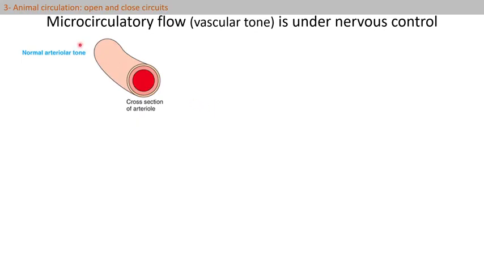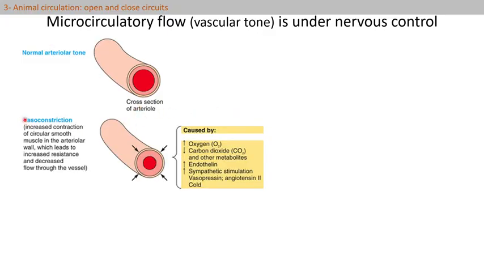If you don't have any physiological regulation, you have a normal arteriolar tone. What that means is that the smooth muscle around the vessel makes sure that the radius, the diameter, stays constant so that the flow is uninterrupted.